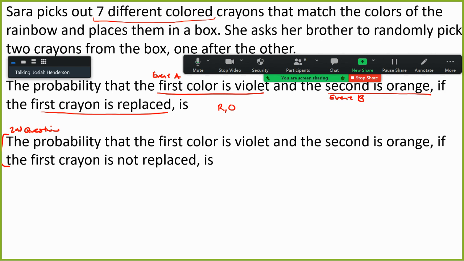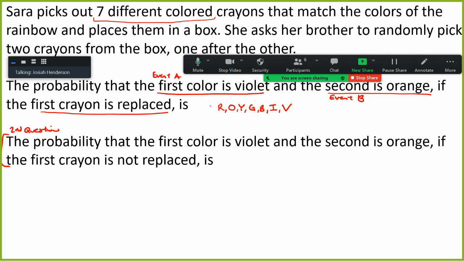Red, orange, yellow, green, blue, indigo, and then violet. There's our 7 different outcomes.